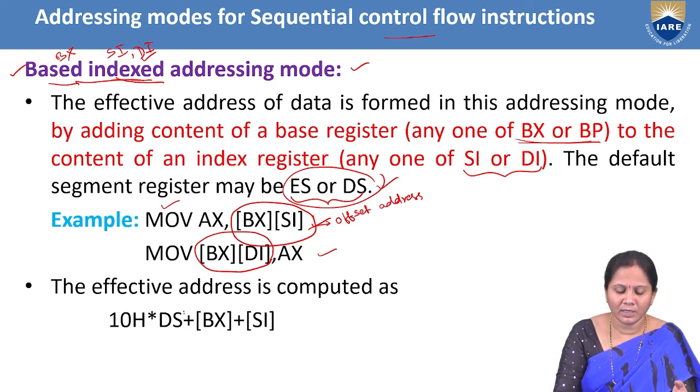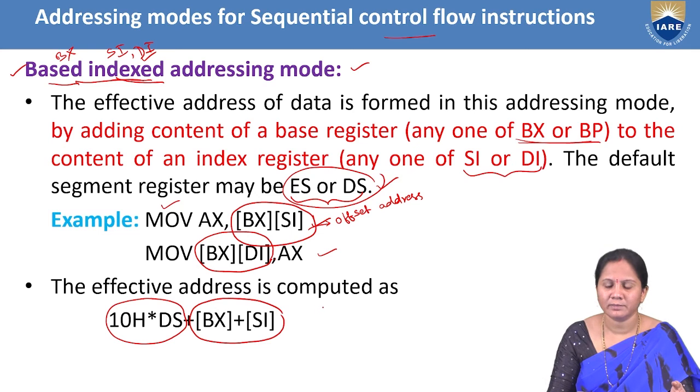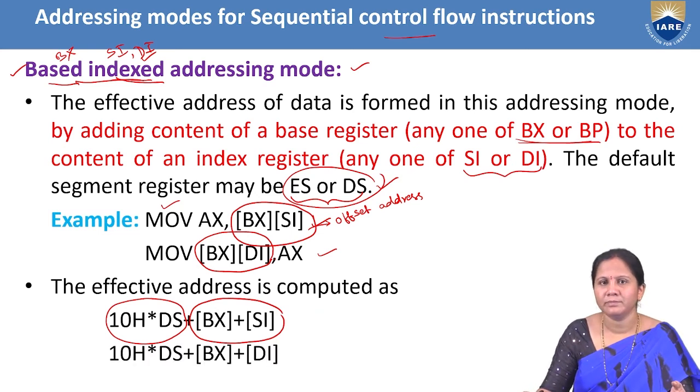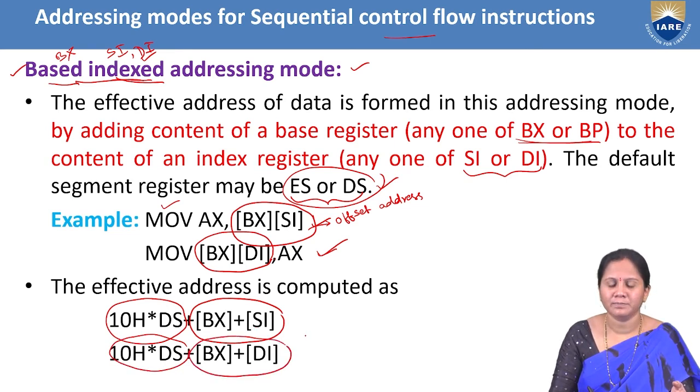Here segment address into 10, that is data segment, and the offset address will be from the base register and index register. Similarly, for the second case in the example, to calculate the effective address, segment address into 10, plus this, which represents the offset address.